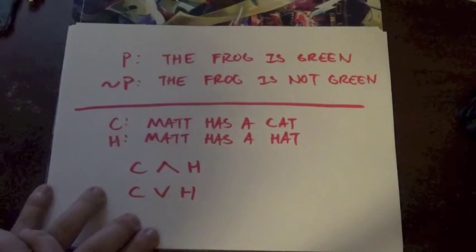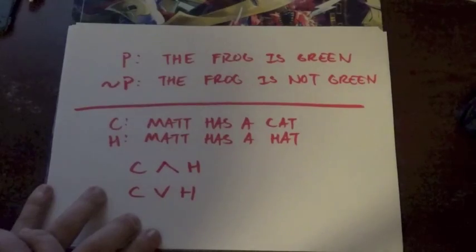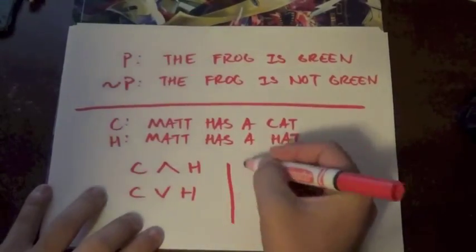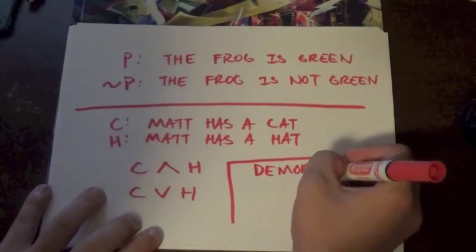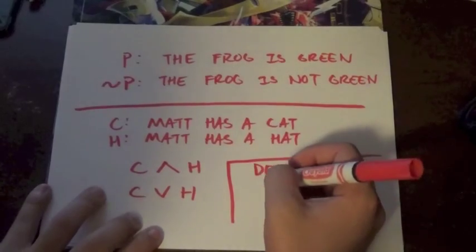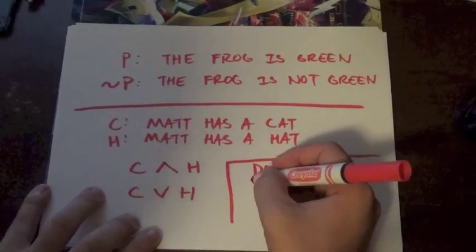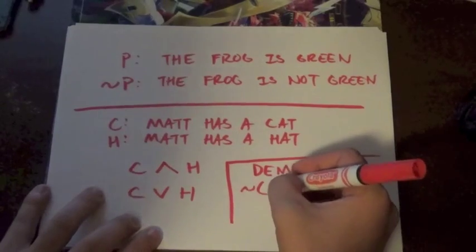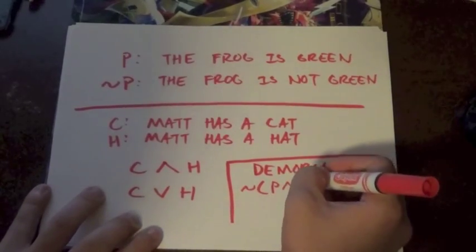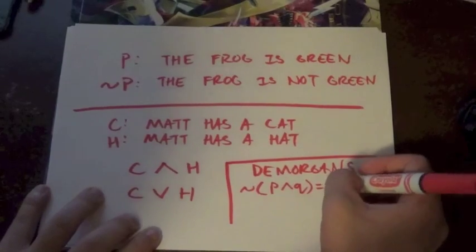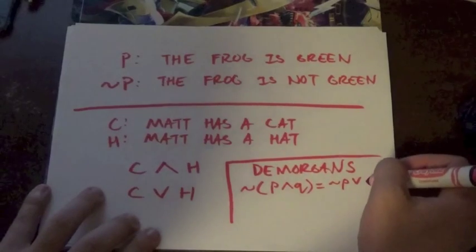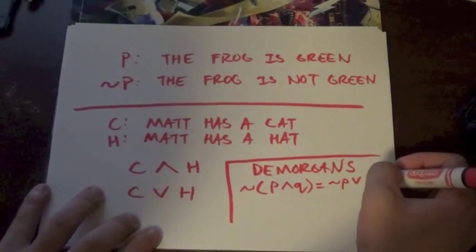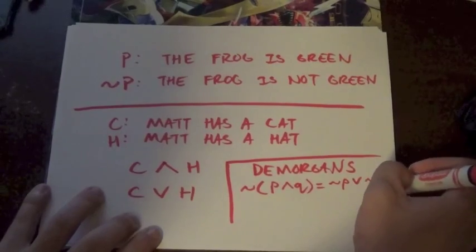Now we can apply all of these things we just learned to do a simple operation. This is called De Morgan's law. It says that whenever you have the negation outside of the parentheses, you can distribute it as long as you take the opposite operation, changing and to or, or or to and.